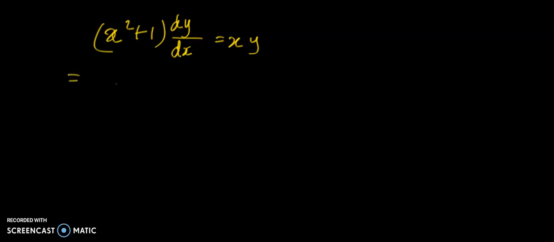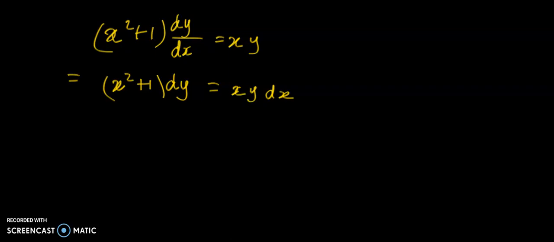The equation is (x squared plus 1) dy over dx equals xy. So we need to rewrite this so that we will have (x squared plus 1) dy equals xy dx.